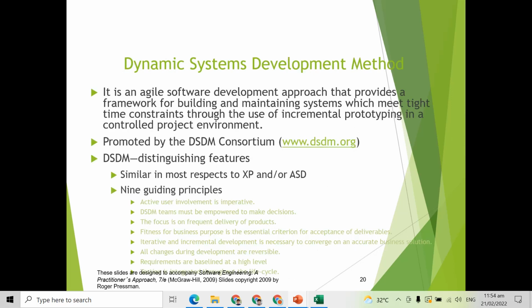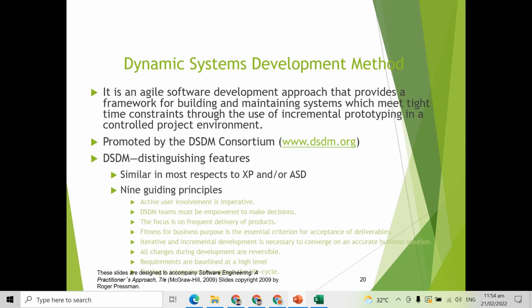And then the dynamic systems development method is an agile software development approach that provides a framework for building and maintaining systems which meet tight time constraints through the use of incremental prototyping in a controlled project environment.